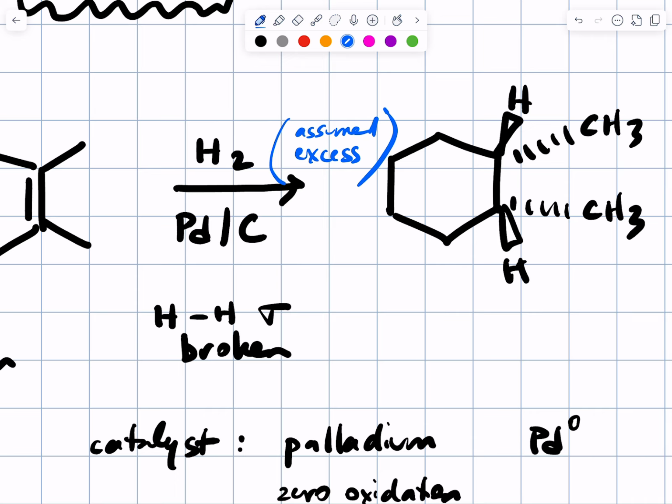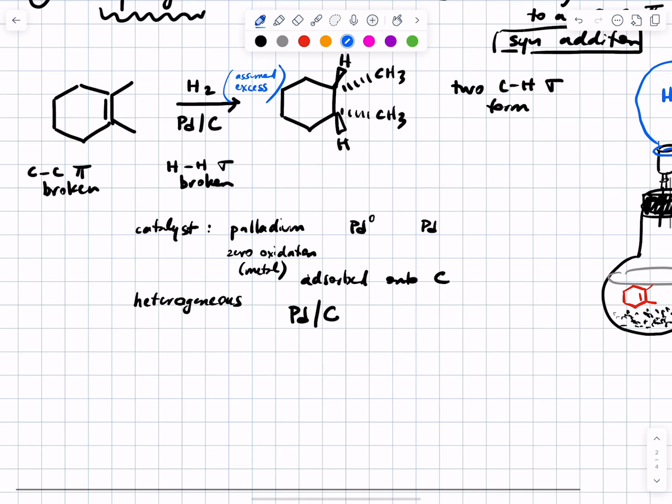Anybody remember how much volume one mole of hydrogen takes up? Something like 22 liters or something like that. How do you fill up a balloon with just 22 liters? Like, I don't know, it looks more like 21 to me. It's kind of hard to do. So in practice, we just use an excess.